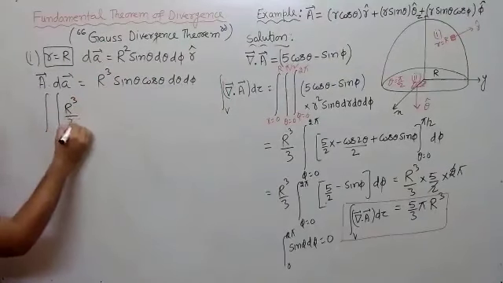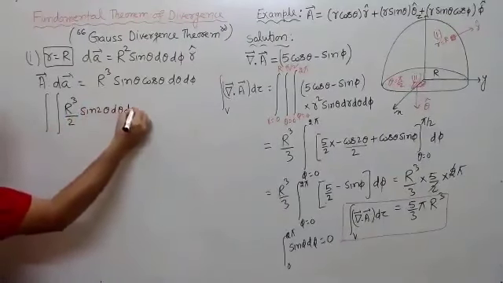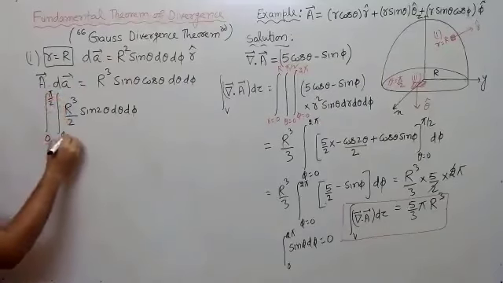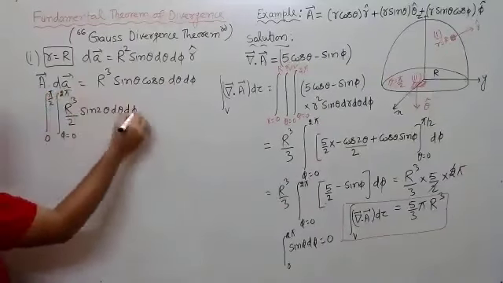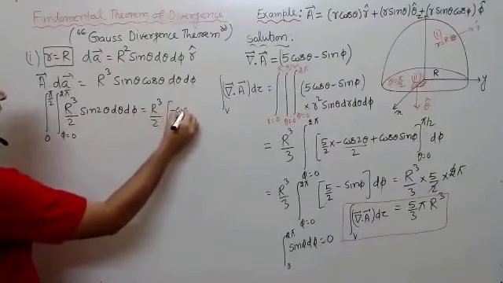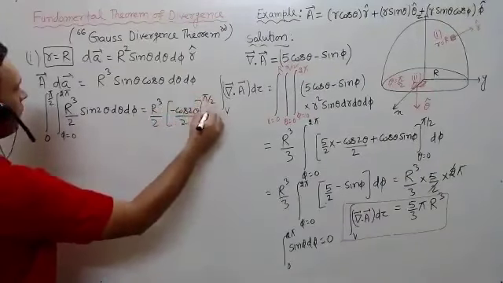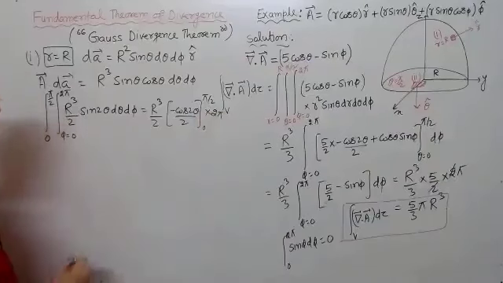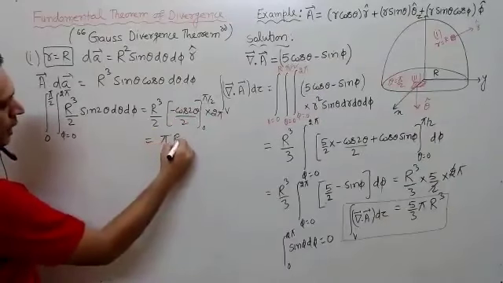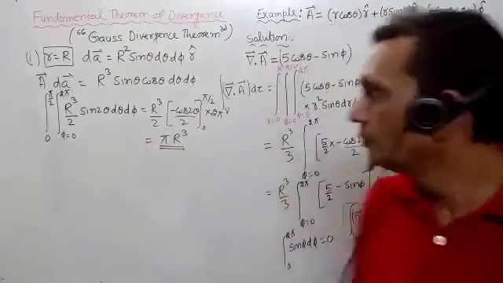Take it as r cube by 2, so you will get sin 2 theta d theta d phi, again theta from 0 to pi by 2 and phi from 0 to 2 pi. So this integral will be r cube by 2, sin 2 theta is minus cos 2 theta by 2, 0 to pi by 2, and then that is 2 pi. So this value is 1, 2 will cancel out. So this is simply pi r cube.